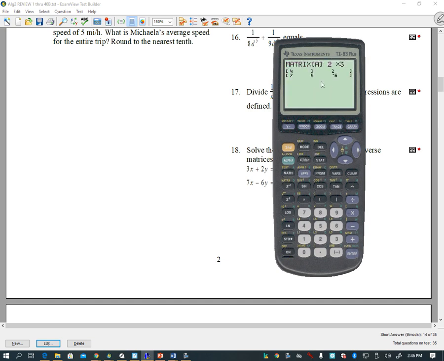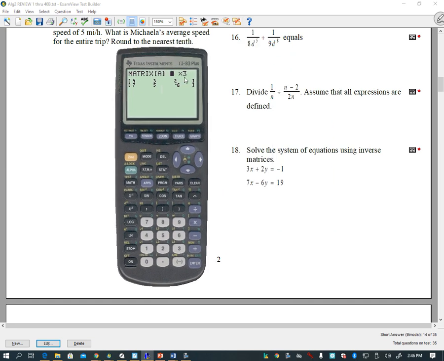Okay. Now, do you know what the dimensions of the matrix we want to make are? Okay. See how it has 2 rows and 3 columns. Okay, so we want a 2 by 3. Good. So 2 enter, 3 enter, and I'm just going to do it again, even though it's already a 2 by 3, just because it might be something different.